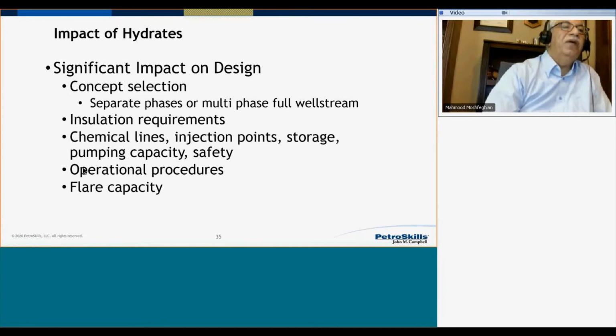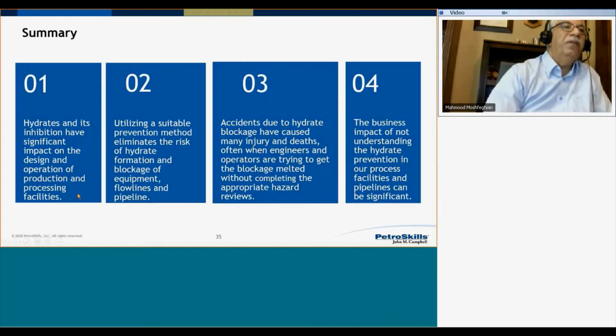Also, flare capacity is of concern. In addition to flare capacity, we have to have pigging capability to remove the hydrate deposit from our pipeline. Otherwise, we're going to have higher pressure drop and reduction in flow rate as well.